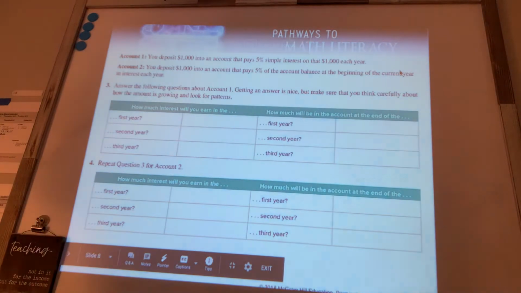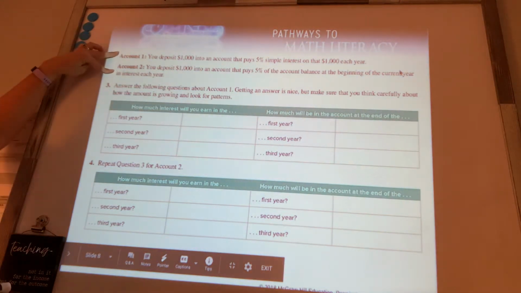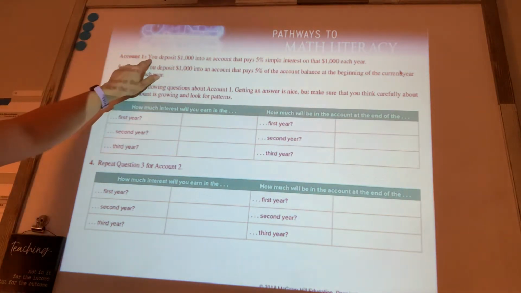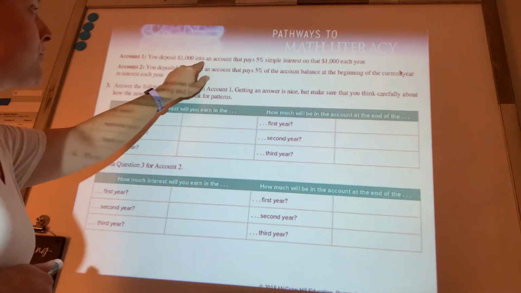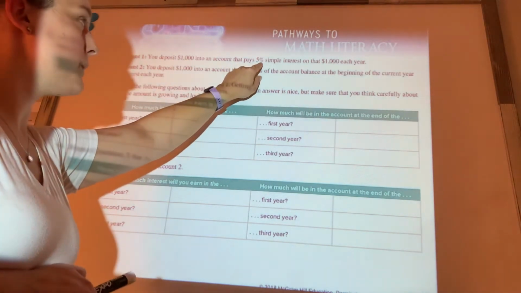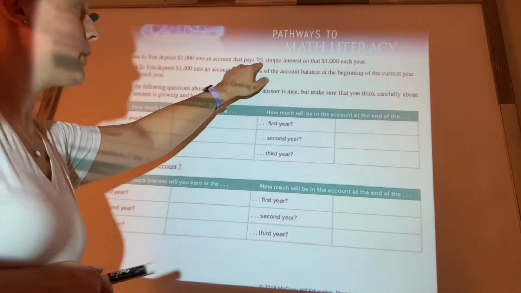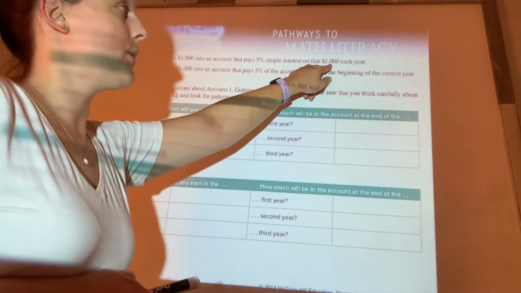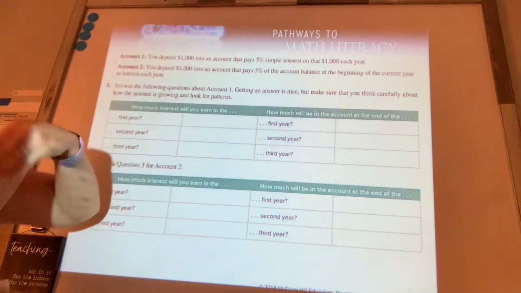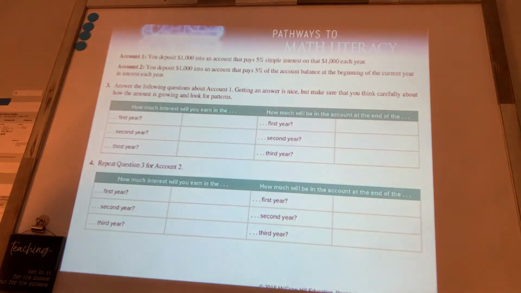Okay, so we have 2 different accounts that we're going to be looking at, okay? Account number 1, we're depositing $1,000 into an account, and that pays 5% simple interest on that $1,000 each year. So we're going to figure out what 5% of 1,000 is, and it's going to be the same amount of interest every single year, okay?